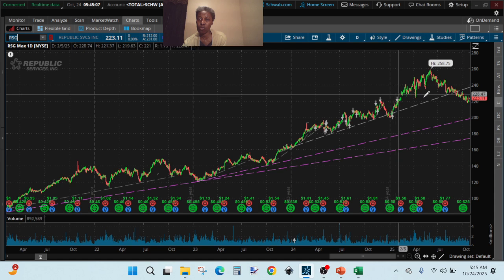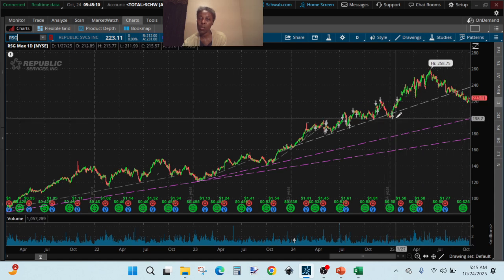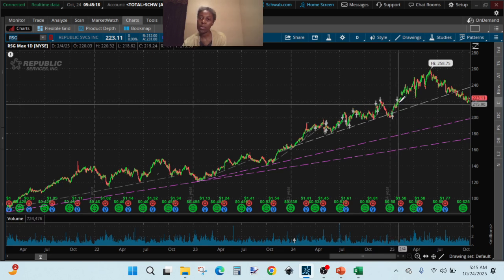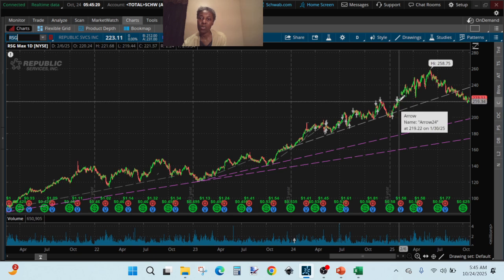In 2025 is here. We purchased where the arrow is facing upward, and we sold where the arrow is facing downward.